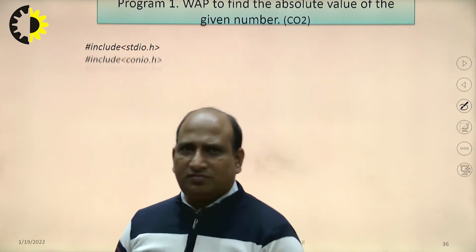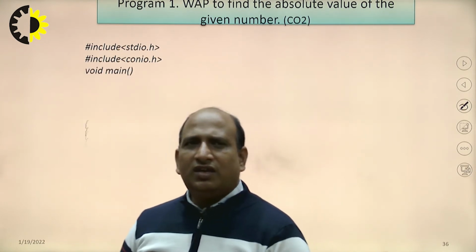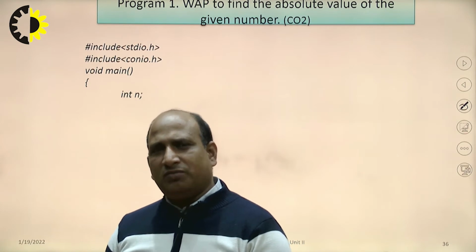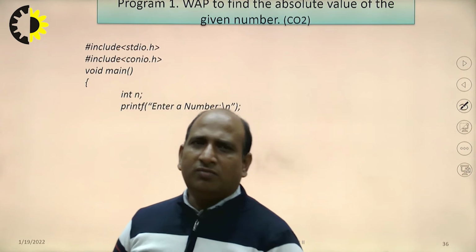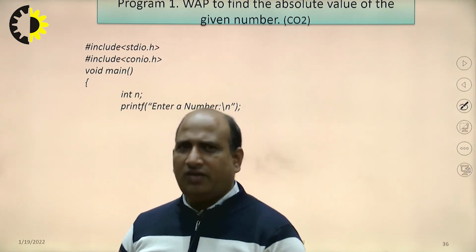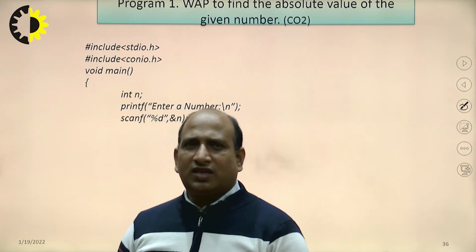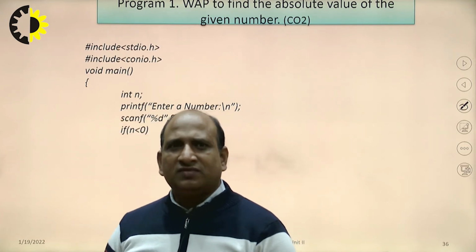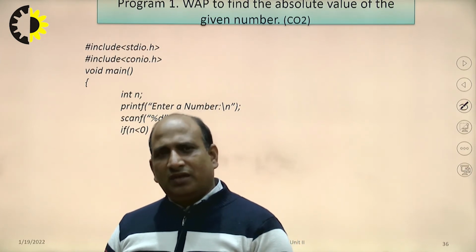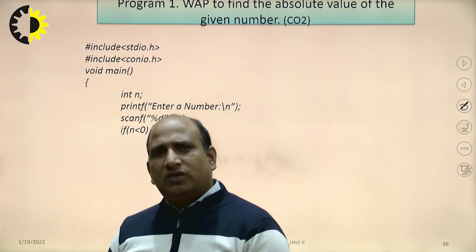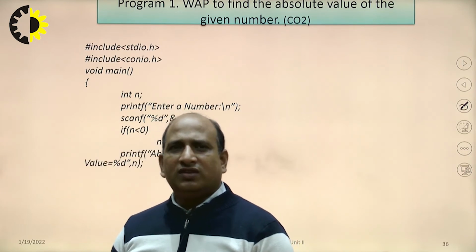For that I have written a program. I have included the required header files, and as we all know, the main program of C always starts with the main function. I have declared a variable n of int type, then I have written enter a number, which will be scanned in variable n, and if n is less than 0, then I have assigned -n to the n variable, and print the absolute value of this value.